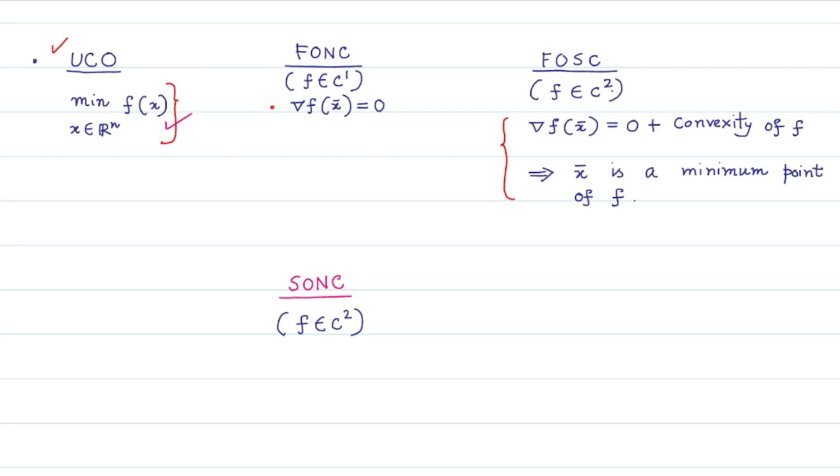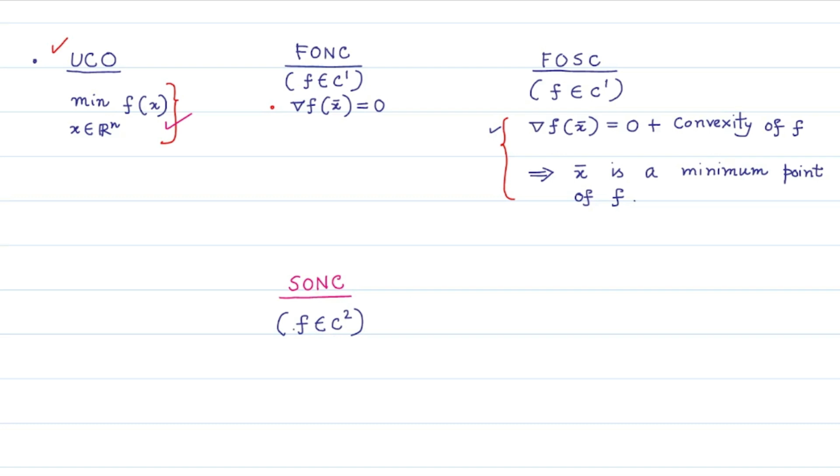Sorry, I made a mistake here. For the first order optimality condition, we must have f belonging to C1. For f belonging to C2 that is also fine, but we need at least that the function f is once continuously differentiable to identify the first order optimality conditions. In the second order optimality conditions, we need the function to be at least twice continuously differentiable.